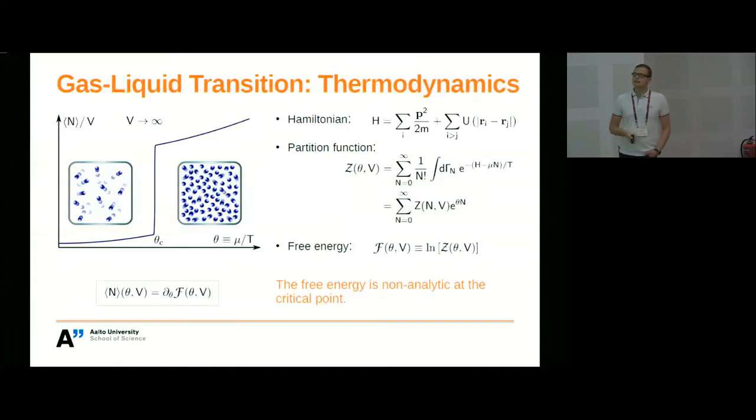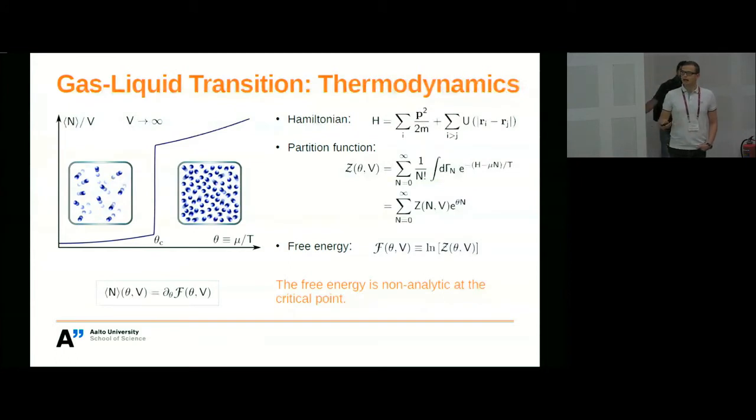Indistinguishability of particles is taken into account by this 1 over n factorial factor. And here we have an integral over the n particle phase space. So this part is essentially the canonical partition function given here for a fixed number of particles and a fixed volume. And the grand canonical partition function is then the discrete Laplace transform of this object.